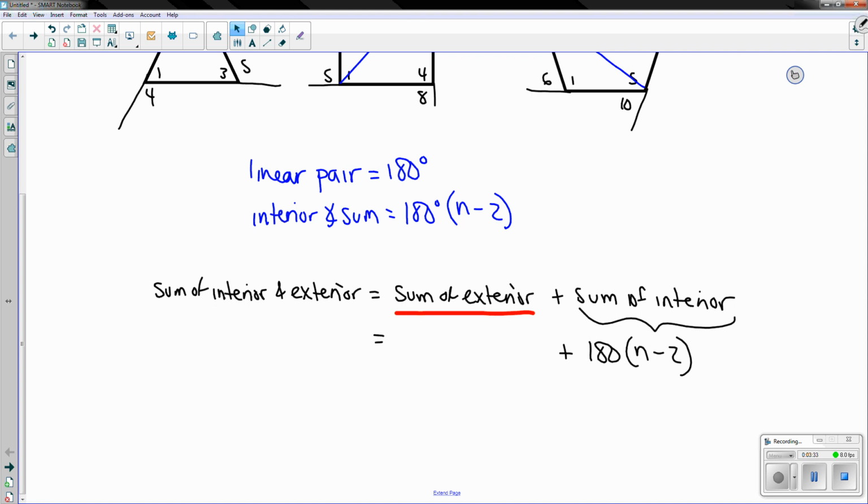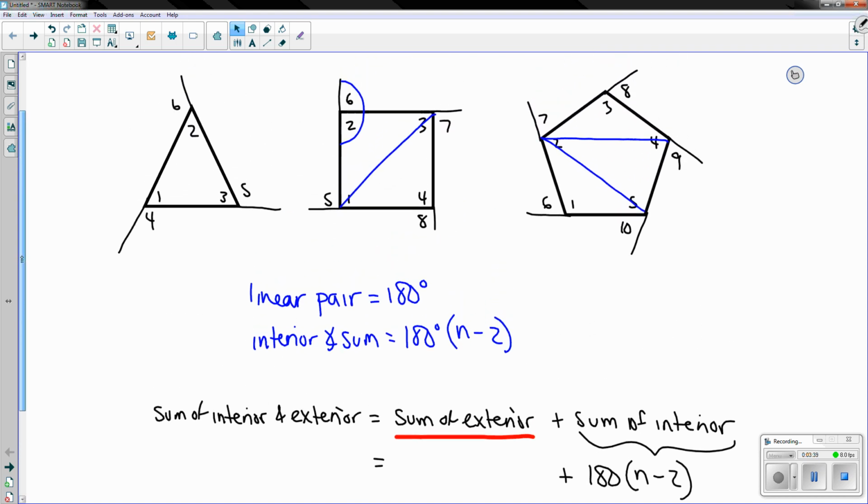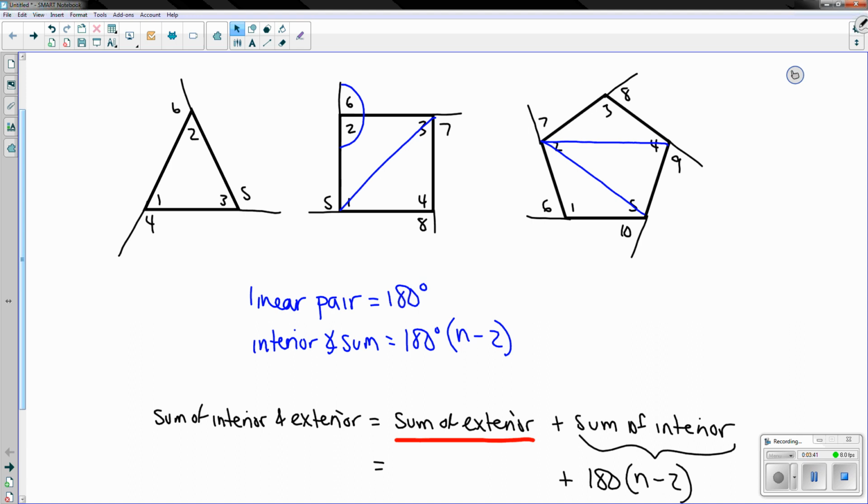And also, we know the sum of interior and exterior together. That's going to be determined by, again, looking at when we have a pair of an interior and exterior angle that's a linear pair, and we just say, well, how many linear pairs do we have per polygon? Well, the number of linear pairs is going to be equivalent to the number of sides. So for our triangle, we see that we have 3 linear pairs.